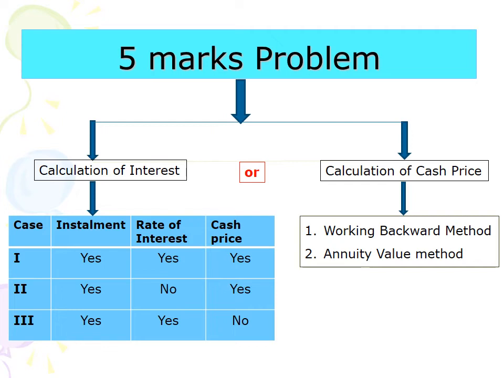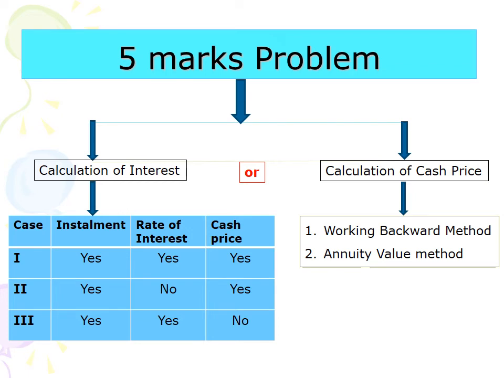if in the problem installment amount is given, rate of interest is given and cash price is given, we have to follow method 1 or scenario 1. Case 2. In the problem, installment is given, rate of interest is not given, but cash price is given.